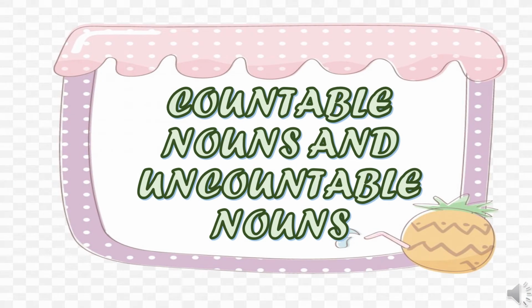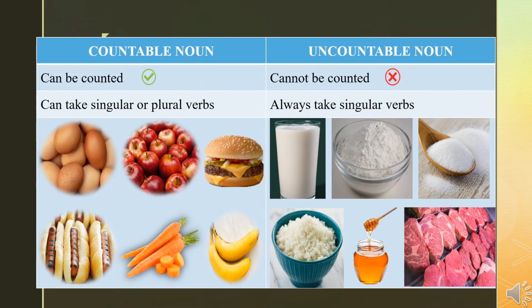Next, I will go through part 1 of this module, countable nouns and uncountable nouns. This table shows the differences between countable and uncountable nouns. Countable nouns can be counted and can take singular or plural verbs, while uncountable nouns cannot be counted and always take singular verbs.